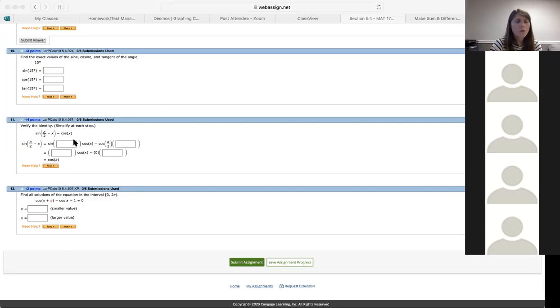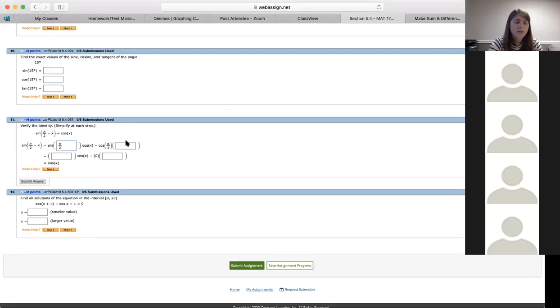And what we want to do, it looks strange, but we're going to apply the difference formula for the sine to break it up and fill in the missing pieces. So it's like our u is pi over 2, our v is our x. So you have sine of u times cosine v. So in here you would have your pi over 2. And then you would have your sine of v.